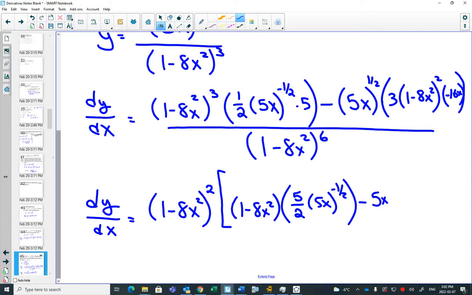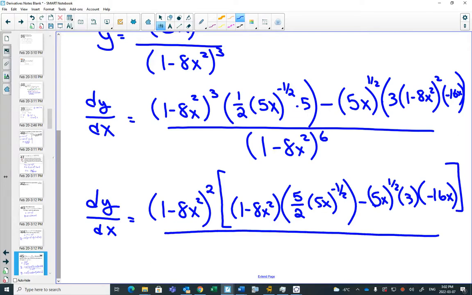I still have my 5x to the 1/2. I would still have my 3. This would be factored out, and I would still have my minus 16x. So I'm introducing square brackets here to really show the factoring. On the bottom, I still have 1 minus 8x squared to the 6.